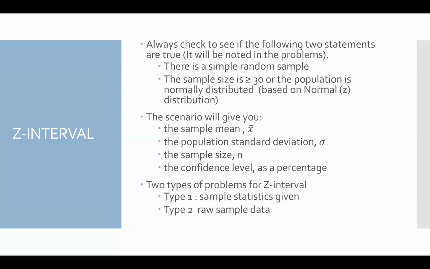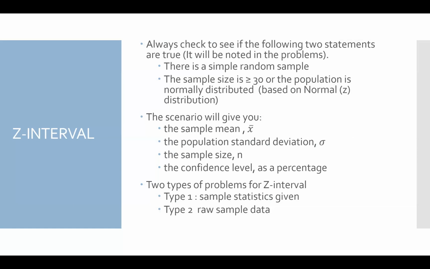There are two ways that you can see these problems. One way is you are given that summarized data. You are literally given in the scenario the sample mean, the population standard deviation, the sample size, and the confidence level. The other option is that you could be given the raw data. If you have the raw data, you still have to be told the confidence level and the population standard deviation.